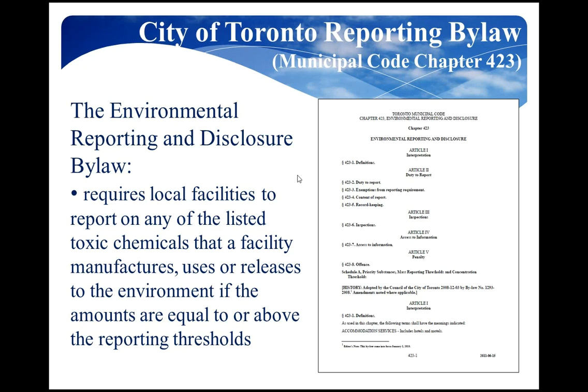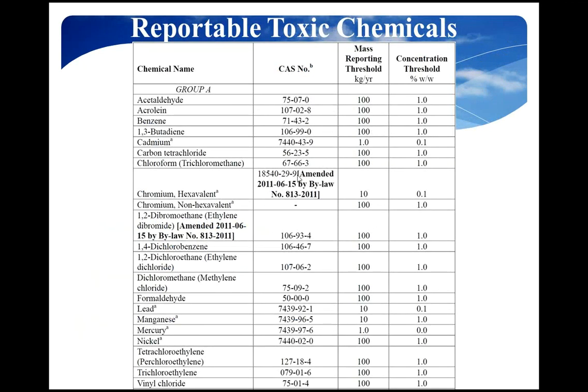The reason for that, though, is that the thresholds for reporting are different between NPRI and ChemTRAC. The list of chemicals is also different. So this is the list of chemicals for Group A under the bylaw. It's the entire list for Group A, and so it's much shorter than NPRI.